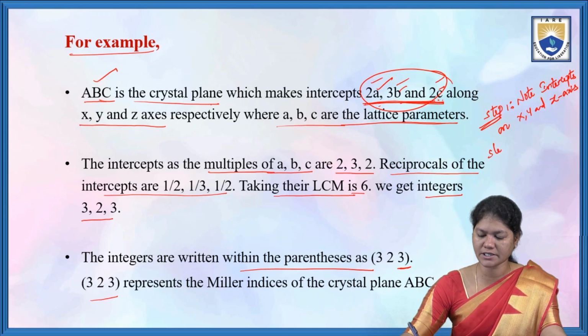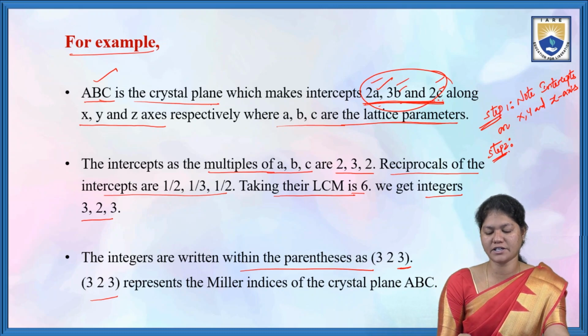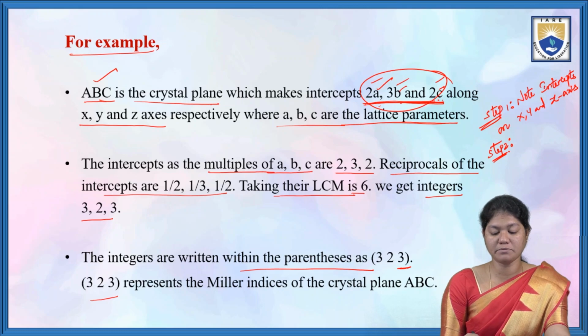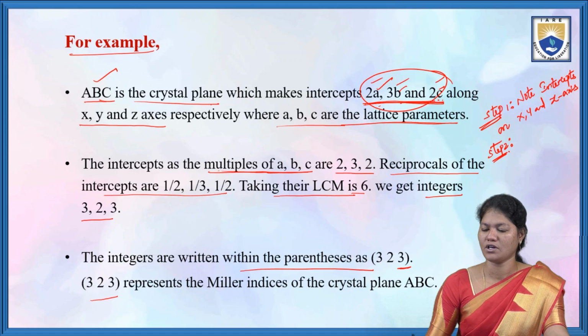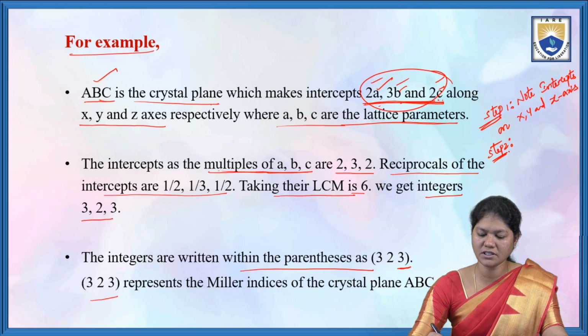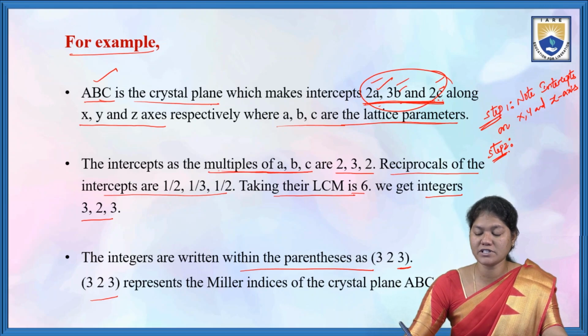Then in the second step, the intercepts as multiples of A, B, C are 2, 3, 2. Here I have written 2A, 3B and 2C in terms of lattice parameters; in the second step we write only the multiples of these lattice parameters.